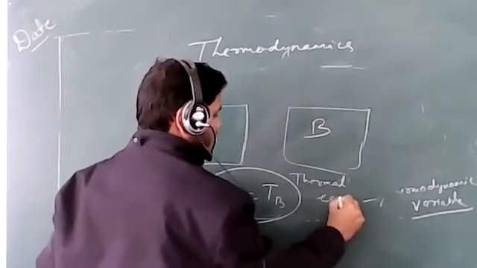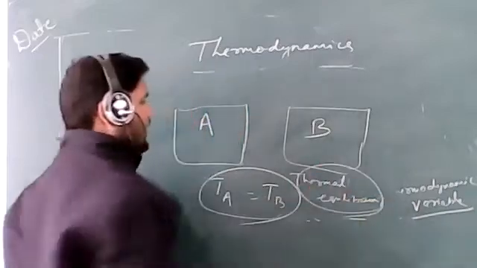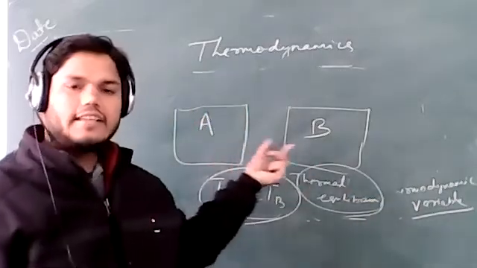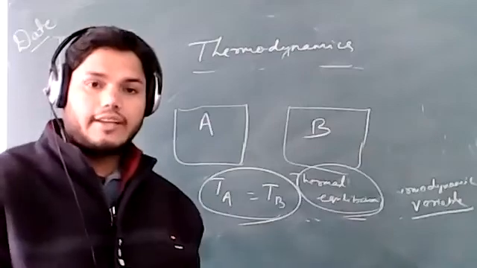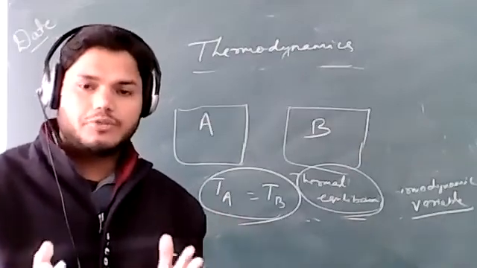That means if the temperature of body A is equal to the temperature of body B, then both bodies are said to be thermally in equilibrium with each other.